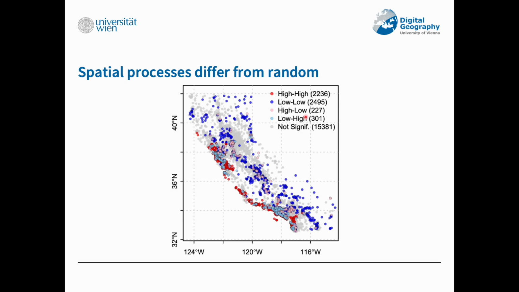I will not explain all the groupings, but let us focus, for example, on the red points, the high. These are residuals that are high in value and they are surrounded by other high residuals. We can see on the map that these are concentrated around the coast area and they are not randomly distributed in space. This shows why non-spatial models like machine learning models may lead to biased or not optimal results.